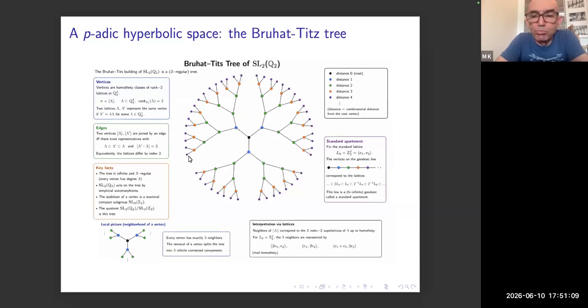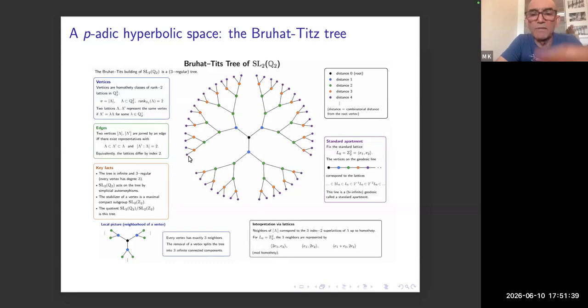The action is the way that SL2(Q2) moves these lattices, because lattices are defined by a pair of linearly independent basis vectors in Q2 squared, and that's the way SL2(Q2) acts. There is also a relation, containment: if you want an arrow from one vertex to another, there's a containment of lattices.